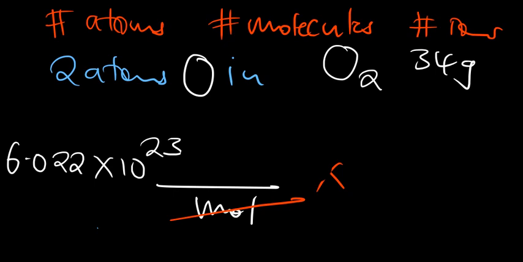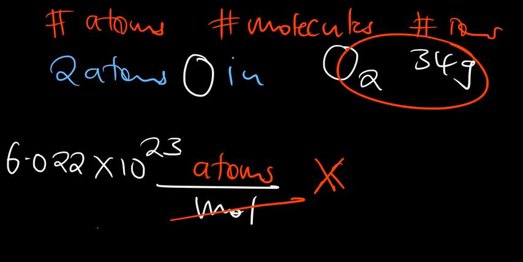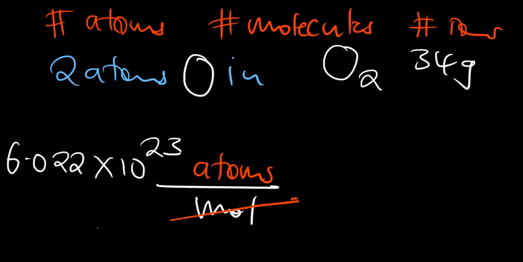We won't just multiply by the number of moles. If we are determining the number of atoms, the number of moles we get is the number of moles of the oxygen molecule. I want you to pay attention to what I'm saying here. It's going to be 1.0625 moles per what?